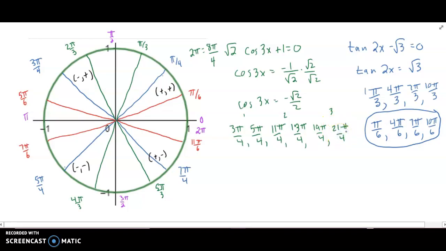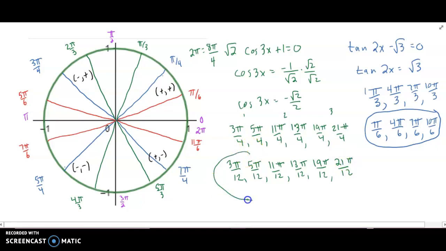Now, because I went around 3 times, my solutions occurred 3 times as fast as I expected. I'm going to take my denominator and multiply by 3, giving me 3 pi over 12, 5 pi over 12, 11 pi over 12, 13 pi over 12, 19 pi over 12, and 21 pi over 12.